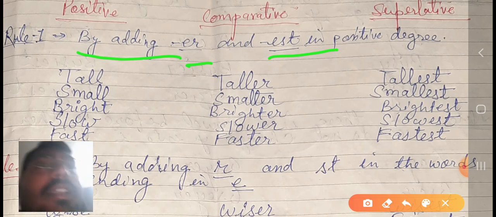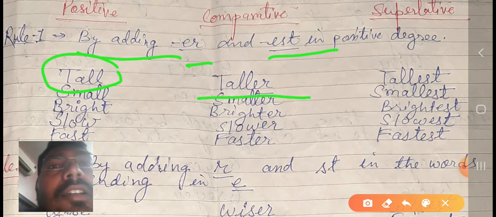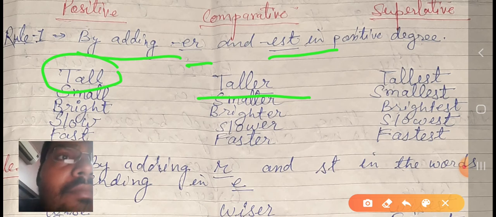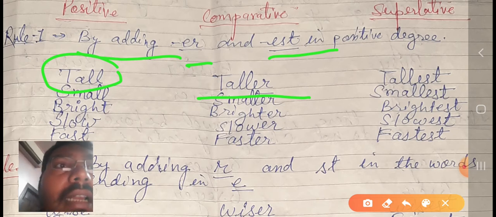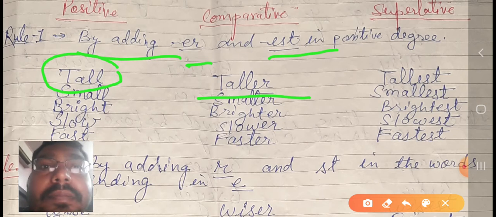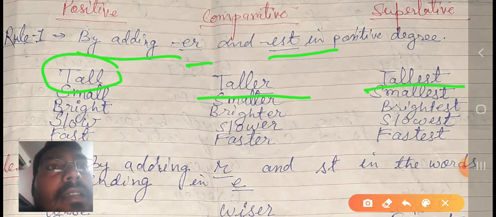Like positive degree, if it is tall, then we can add ER and we will get taller. If we add EST, then we get tallest.